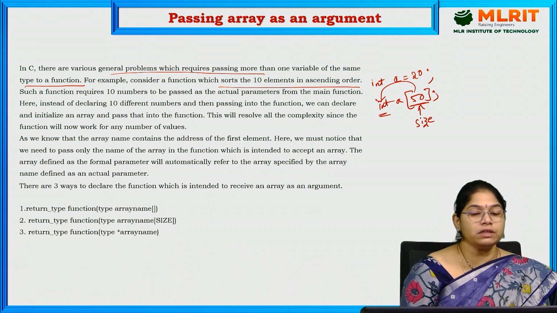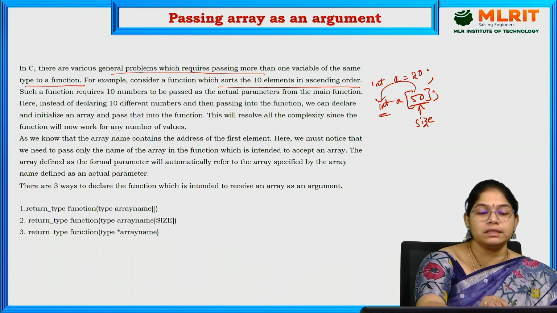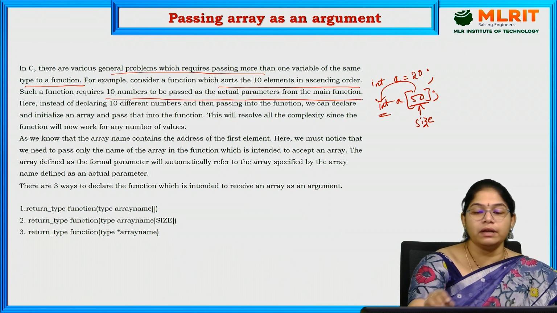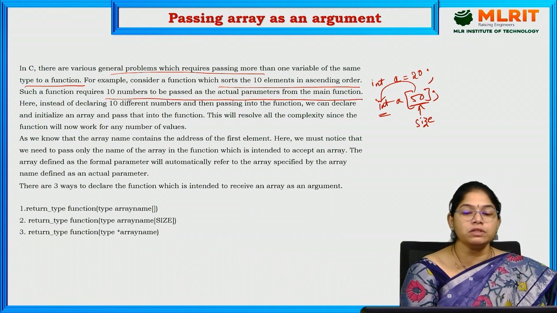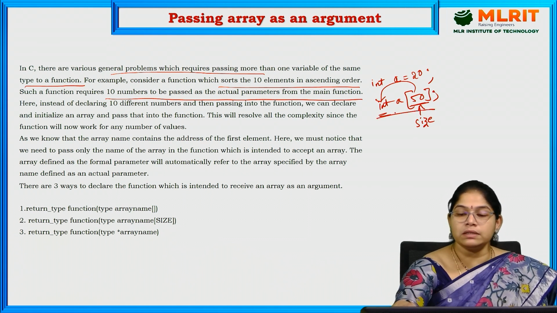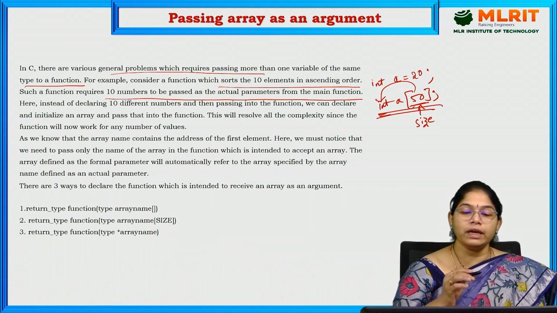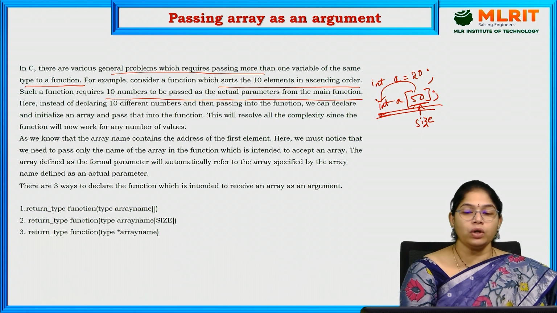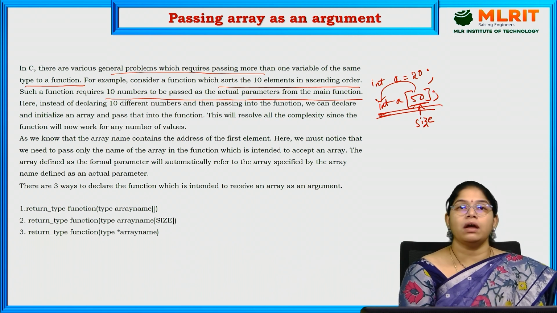Such a function requires 10 numbers to be passed as actual parameters from the main function. Let us suppose I want to sort 10 elements. If I am not using an array, we have to pass all those 10 numbers as parameters to the function.